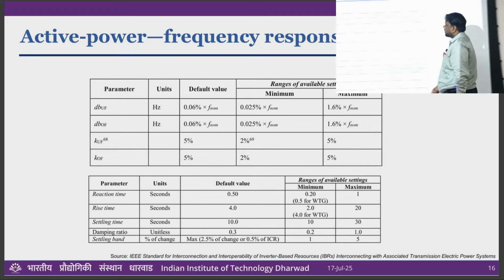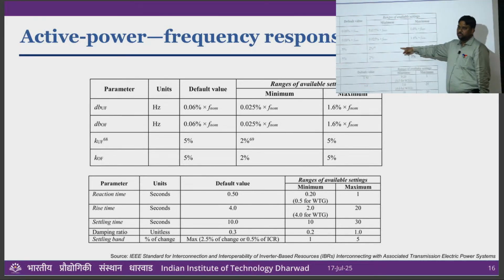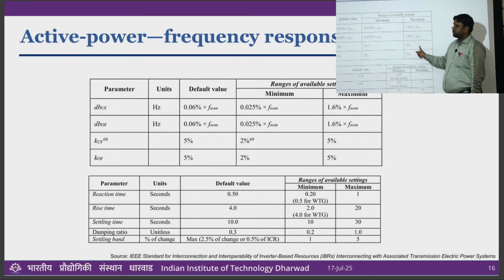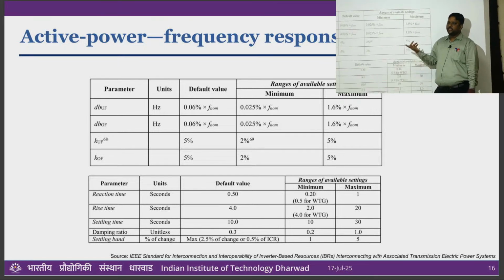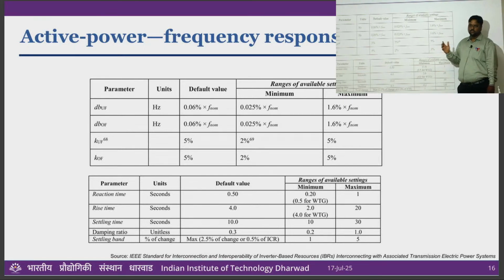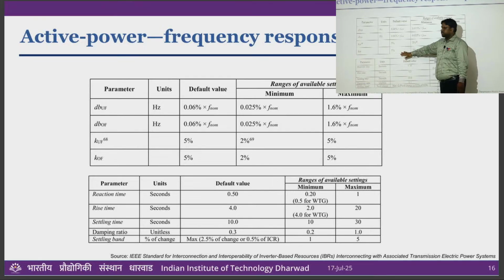As I told, this slope you can vary from 2 to 5, but the default value is 5. If you are not able to maintain 5, they can give you a relaxation. You can maintain 3, 4 droop slope, percentage you can say. For over frequency also the same.